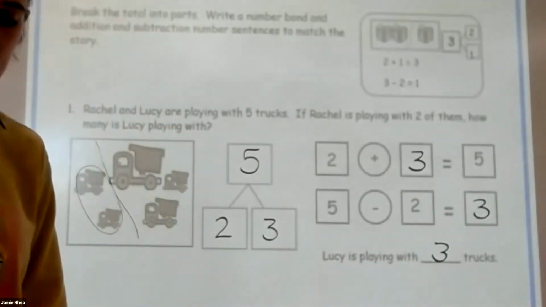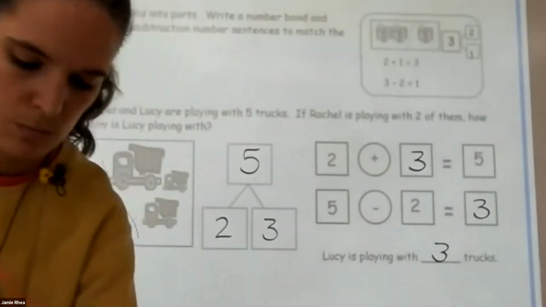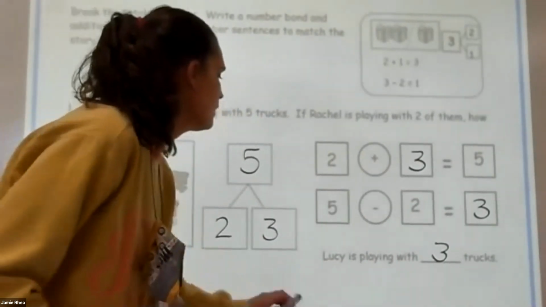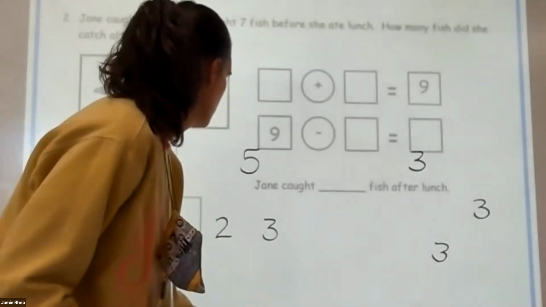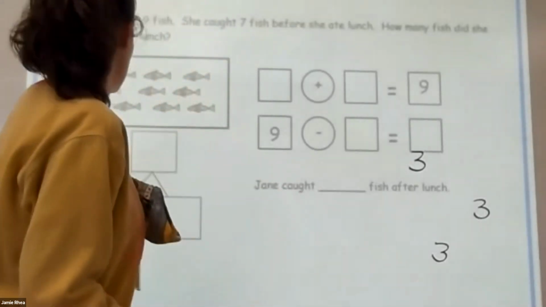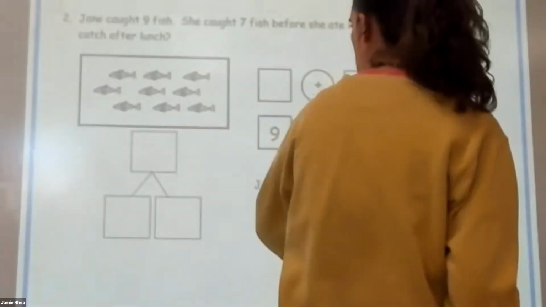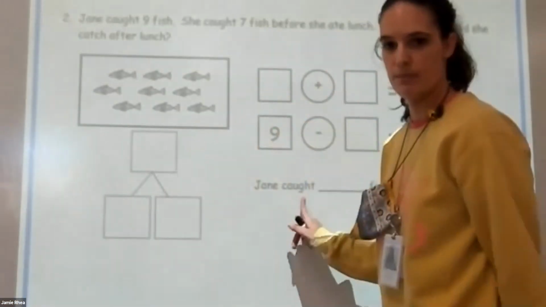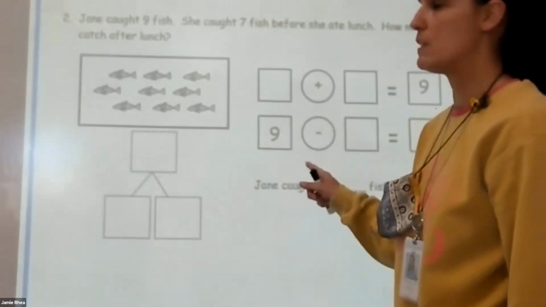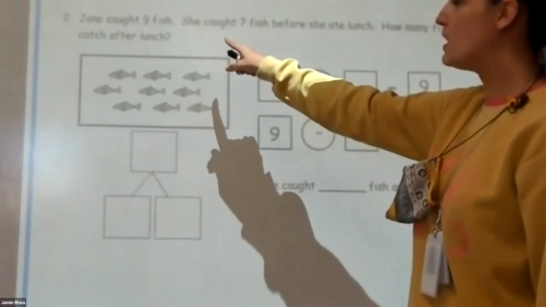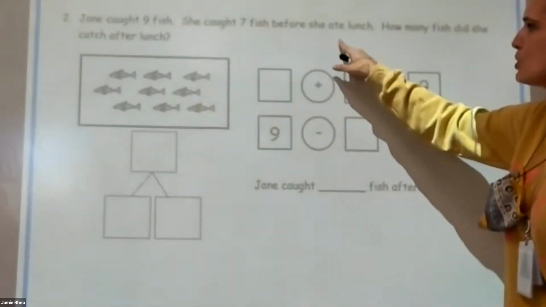So let's look at our next one. Okay, same thing with this one. Just like I did before, you're going to do the same thing. Jane caught 9 fish. She caught 7 before she ate lunch.